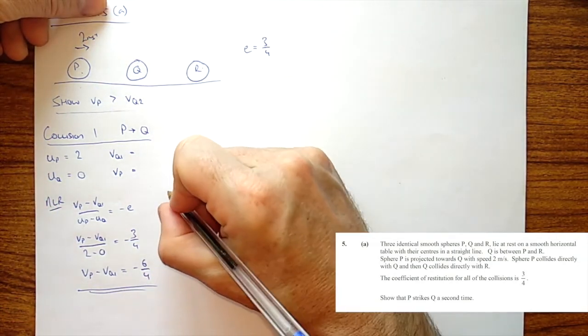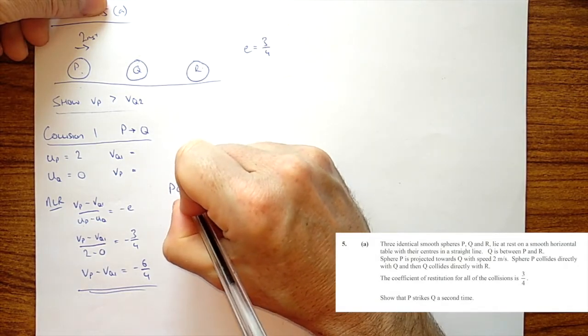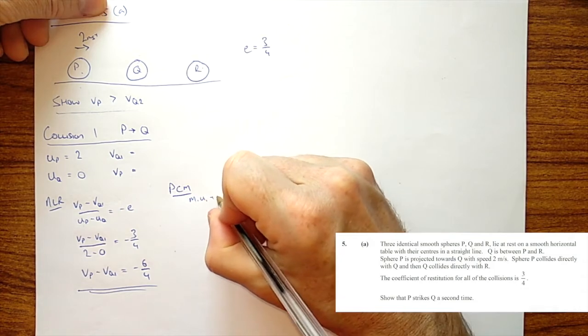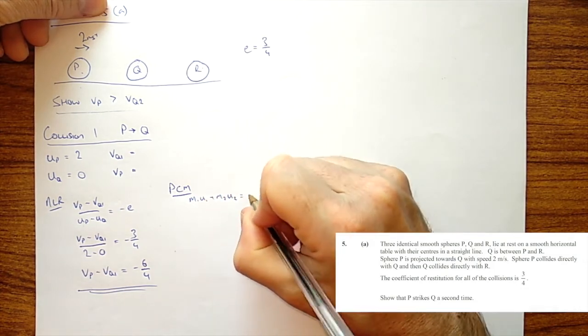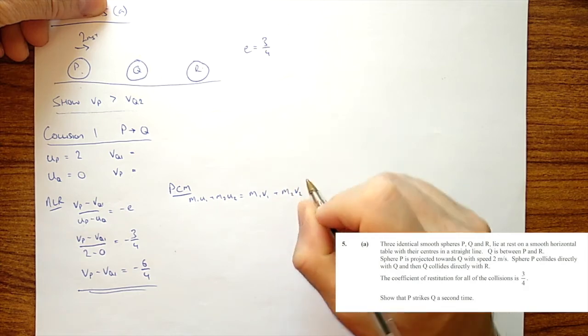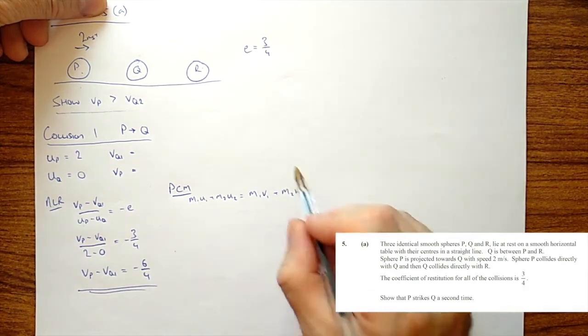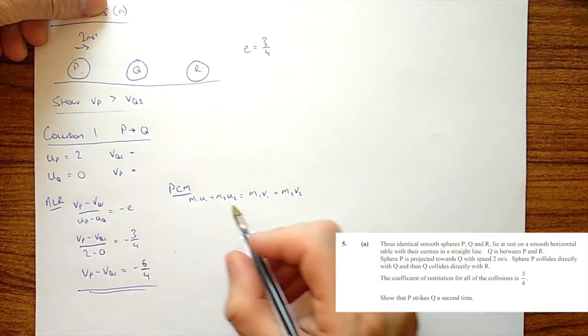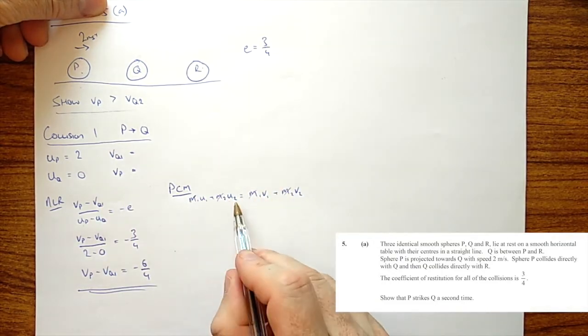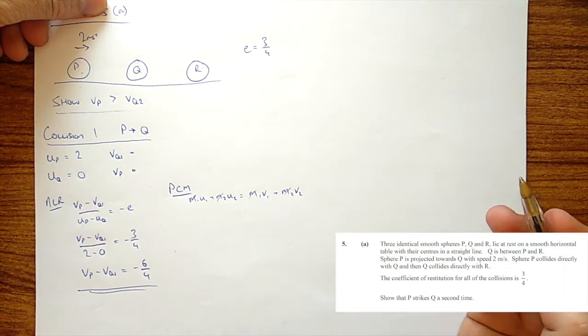The second way we're going to look at this is the principle of conservation of momentum. That is normally M1U1 plus M2U2 equals M1V1 plus M2V2. You should absolutely know this. In our case, because they're all identical, all of the masses cancel out. So I'm just left with U1 plus U2 equals V1 plus V2.